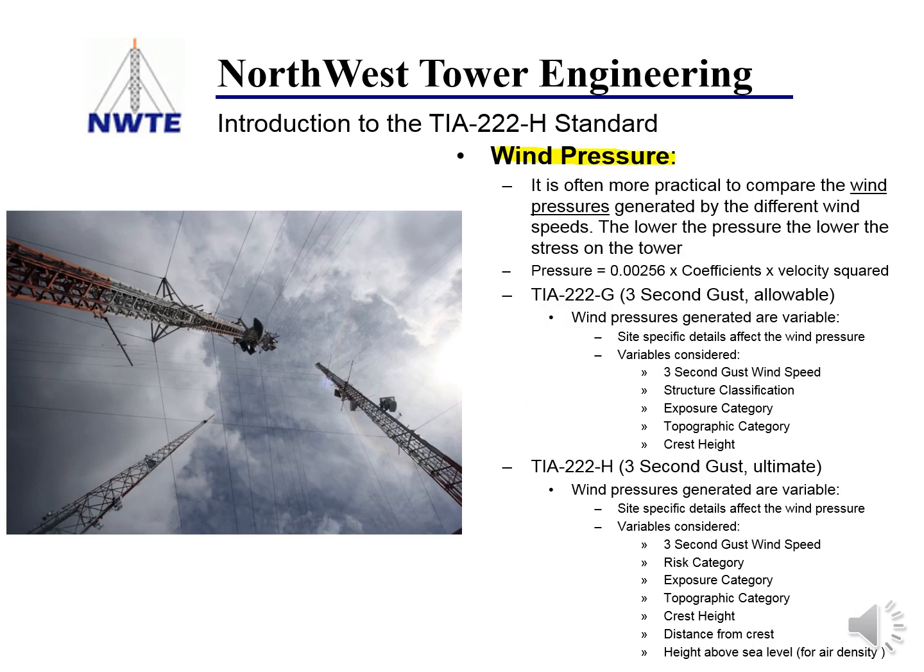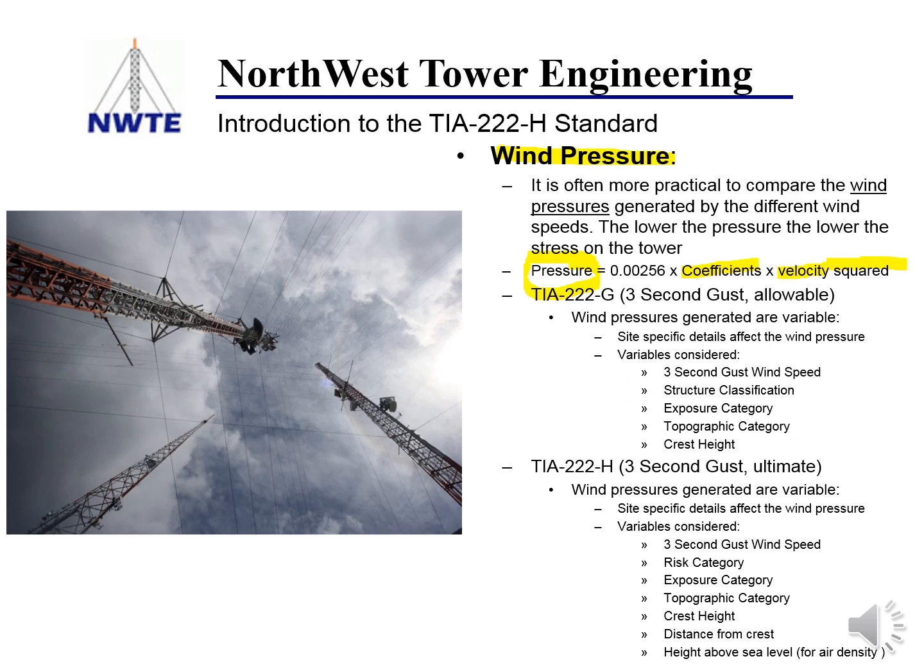What does it all mean? Wind speed, wind pressure. Because we have so many variables, we've come up with a way of looking at the wind pressure, and we have a spreadsheet that calculates the wind pressure depending on all these parameters. So wind pressure is 0.0256 times a whole bunch of coefficients times the wind velocity squared.